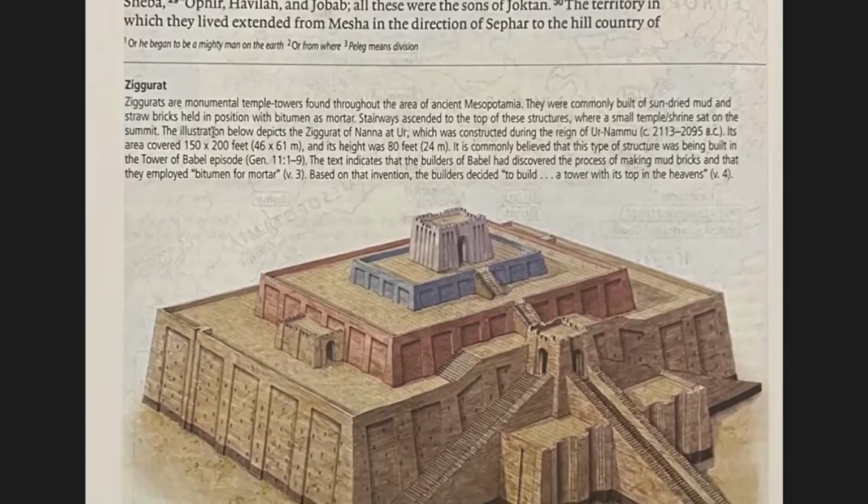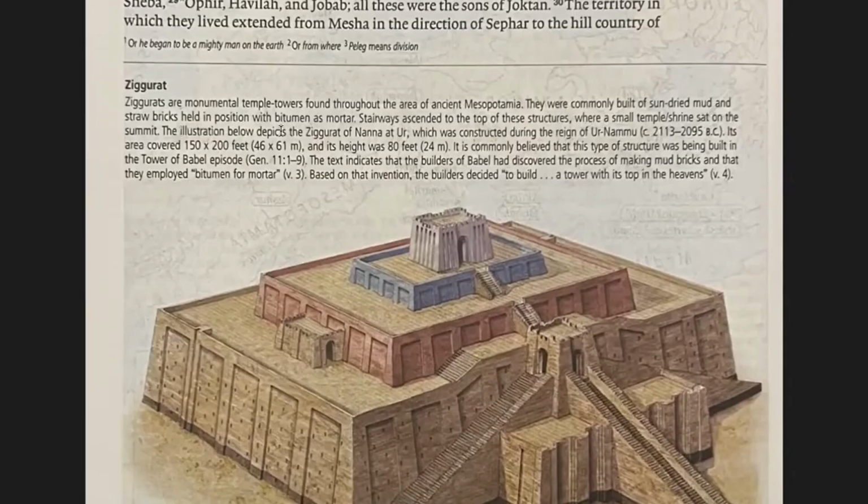Ziggurats are monumental temple towers found throughout the area of ancient Mesopotamia. They were commonly built of sun-dried mud and straw bricks, held in position with bitumen and mortar. Stairways ascended to the top of these structures, where a small temple shrine sat on the summit.